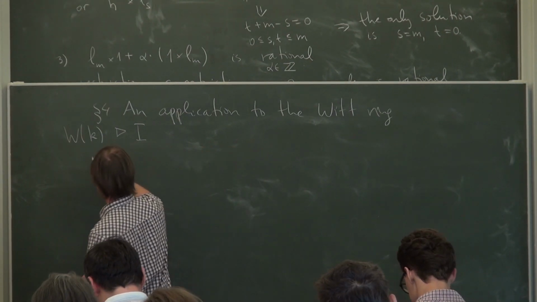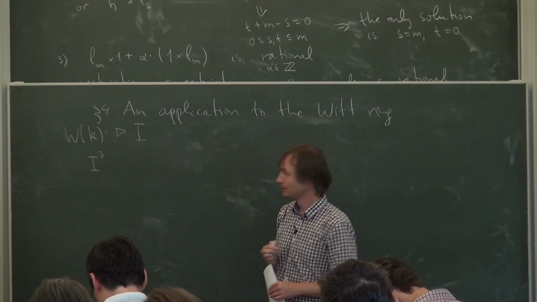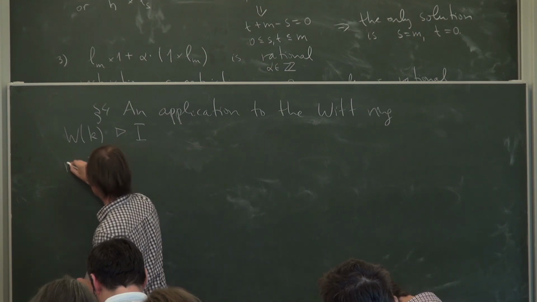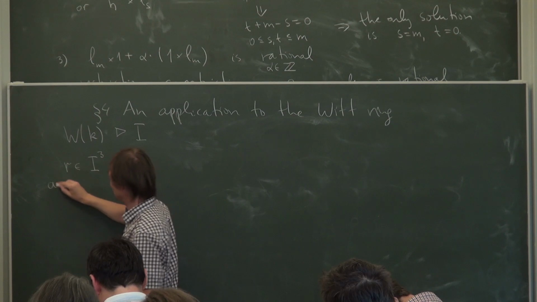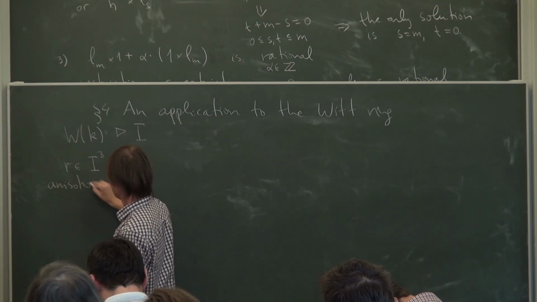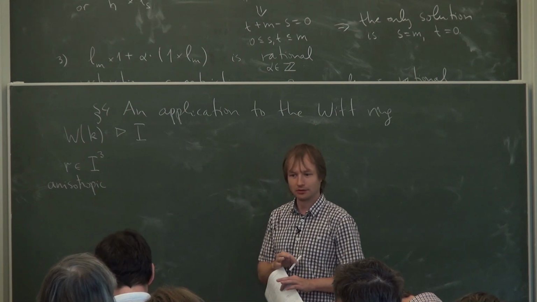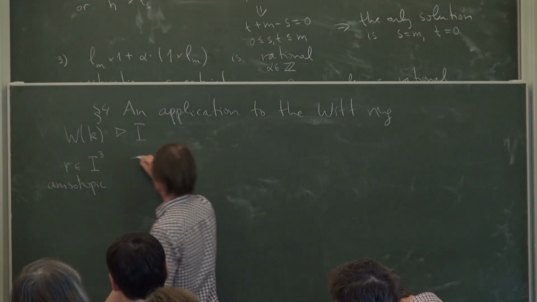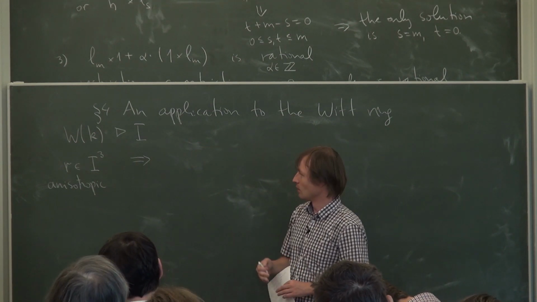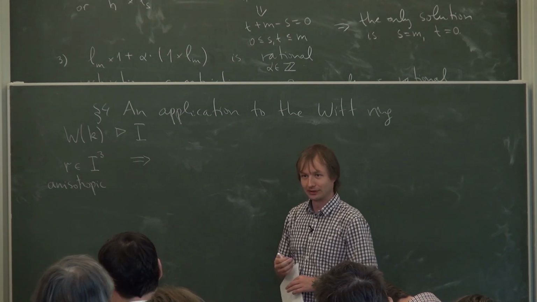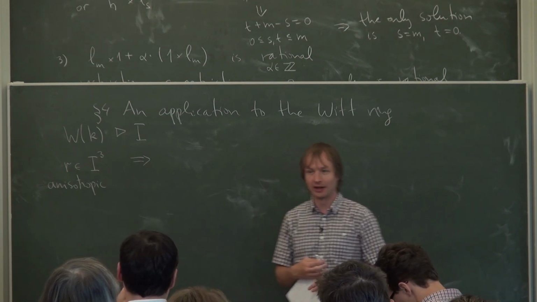Then let's look at the third power of it. So we take an anisotropic quadratic form from it, and there is, first of all, a question: what are the possible dimensions of forms from I cube, or more generally from I^n?